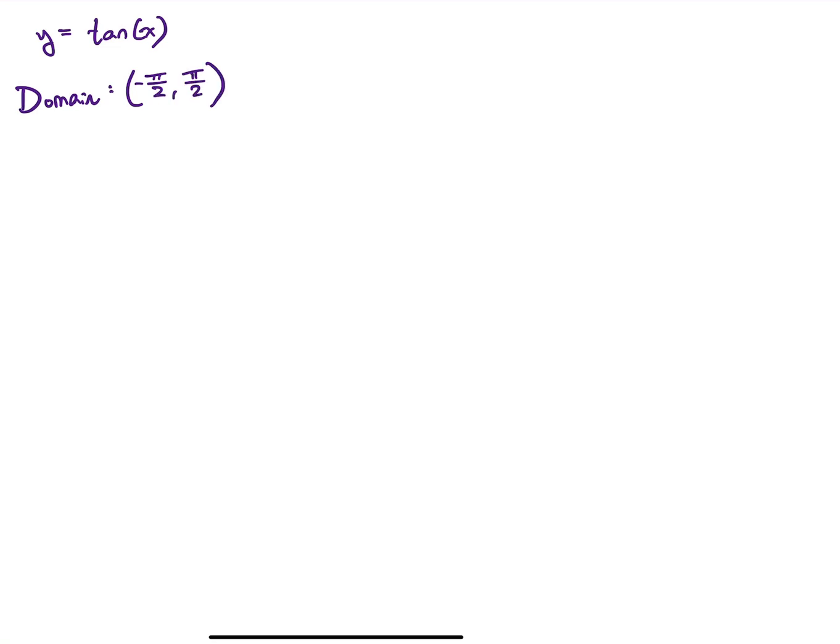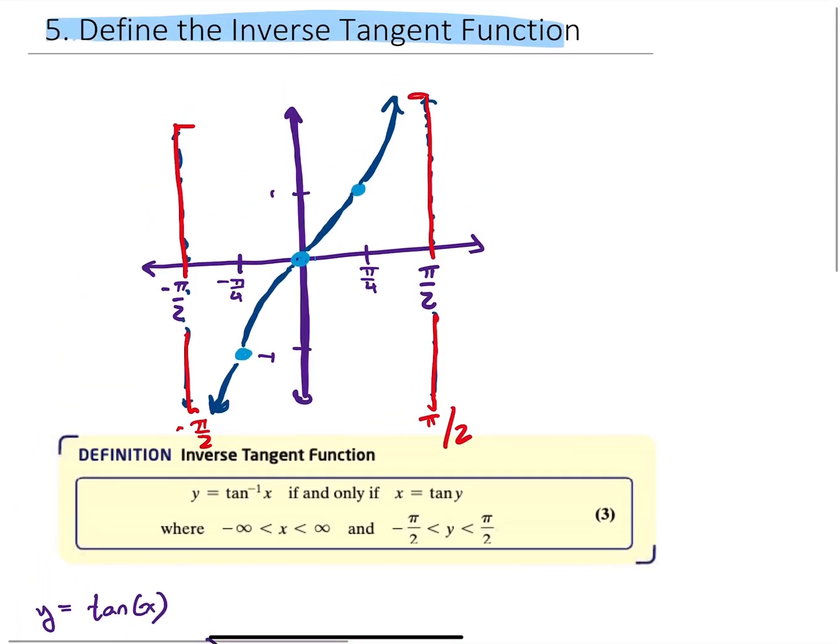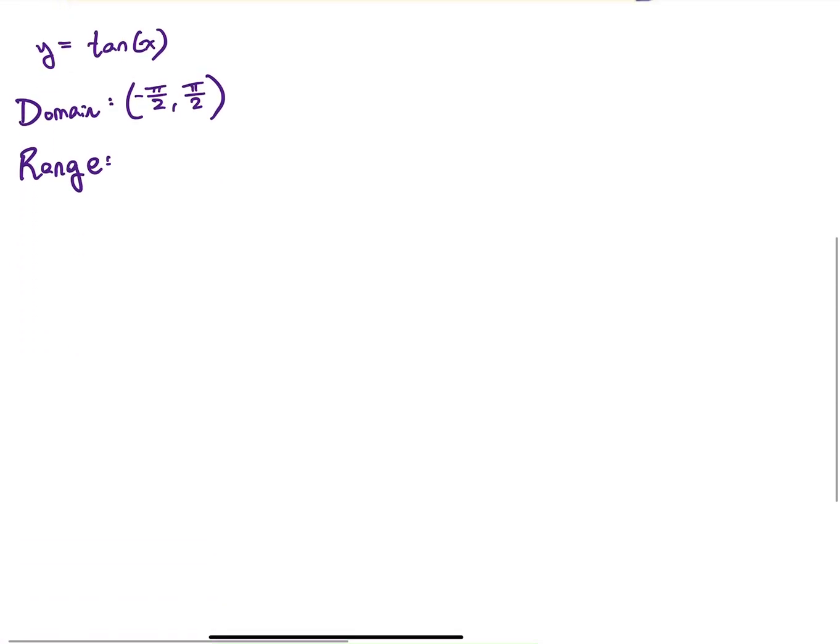Let's do another similar analysis. So let's start with the tangent. We are restricting the domain to be between negative pi over 2 and pi over 2, not including the endpoints. And then the range is negative infinity to positive infinity. Continues in both directions. Let's build a couple values we can work with.